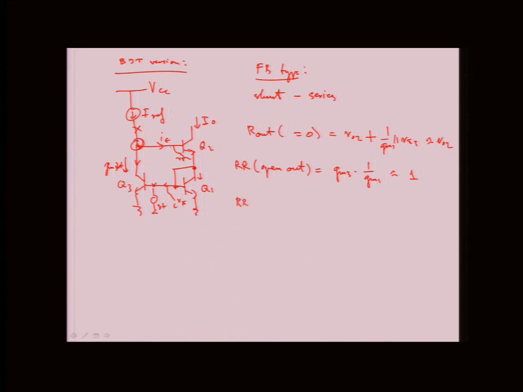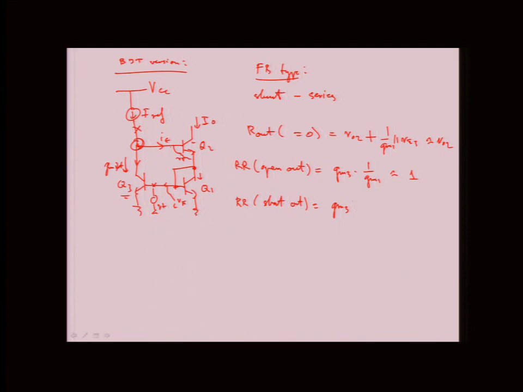And then the return ratio of output shorted. Now we have the transistor actually with the full current source. So we still have the current of Q3 becoming the base current of Q2.